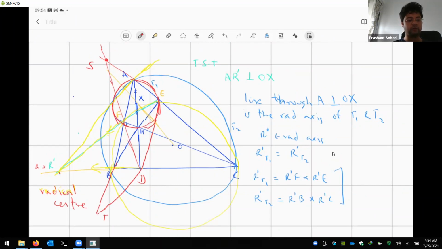It will have the same power because RF times RE equals RB times RC. Because of that, do you see that R has the same power with respect to the nine-point circle as well as the circumcircle?